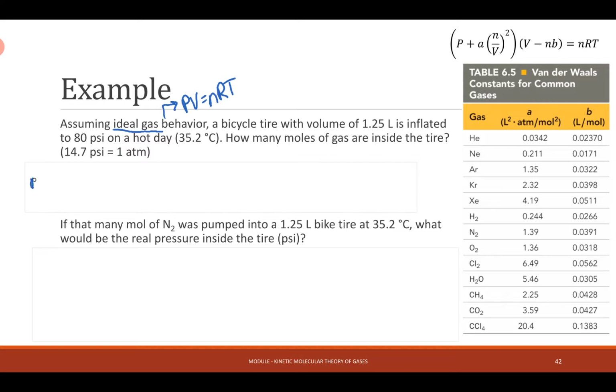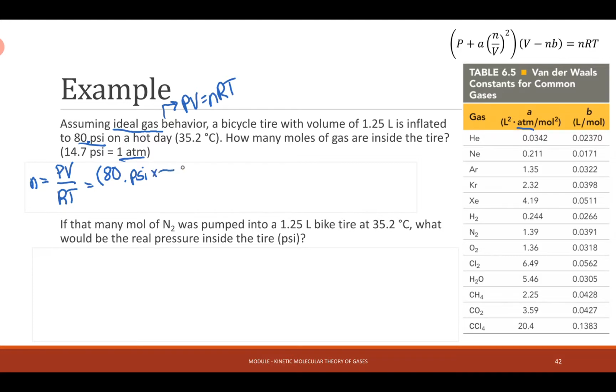That's going to make it a lot easier to solve for n here. And so my n is going to be equal to PV over RT. My P is in PSI, but these constants are in atmospheres, and I'm given the conversion factor to atmospheres. I'm going to put a period there to make sure that it has at least 2 sig figs.